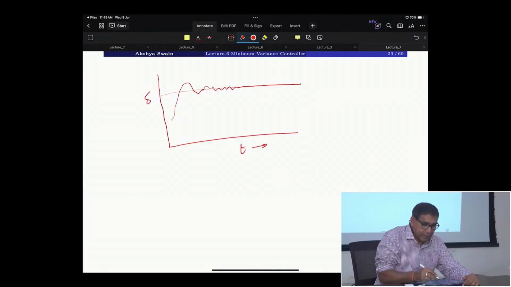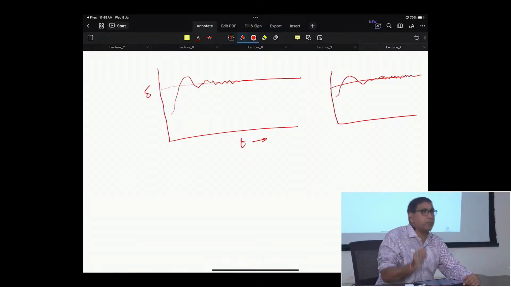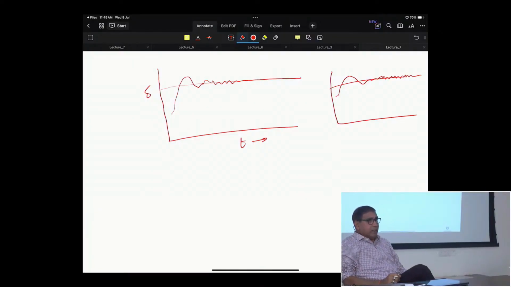The true thing is, if it is a minimum variance controller, there will be some sort of fixed part. F E(t+k) will always be there. You cannot eliminate it because the theory says the output variance will be F into E(t+k), right?